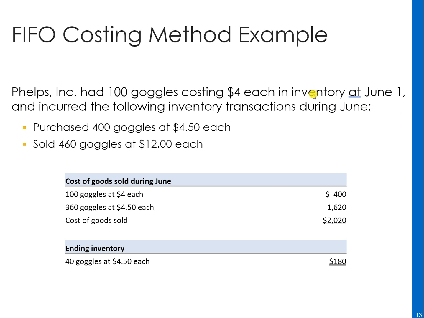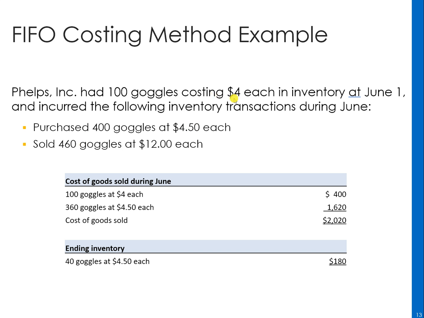FIFO means first in, first out. So when we determine the cost of goods sold, we're going to assign the cost that came in first, which is old cost, to cost of goods sold. Now, when we sell 460 at $12 each, we need to assign 460 units of cost to cost of goods sold. We consider whether to assign $4 or $4.50 first.